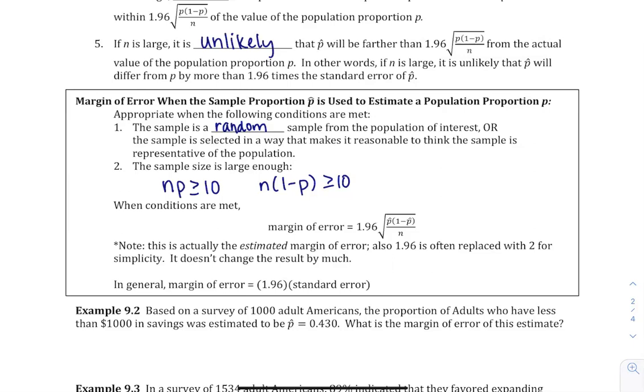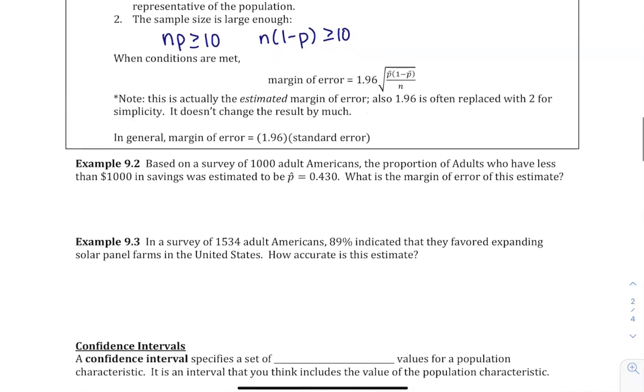Also note that sometimes that 1.96 is replaced with a 2, just for simplicity. It's a little bit neater and easier to multiply, but it won't change the result by a whole lot. So in general, the margin of error is going to be found by taking 1.96 times the standard error.